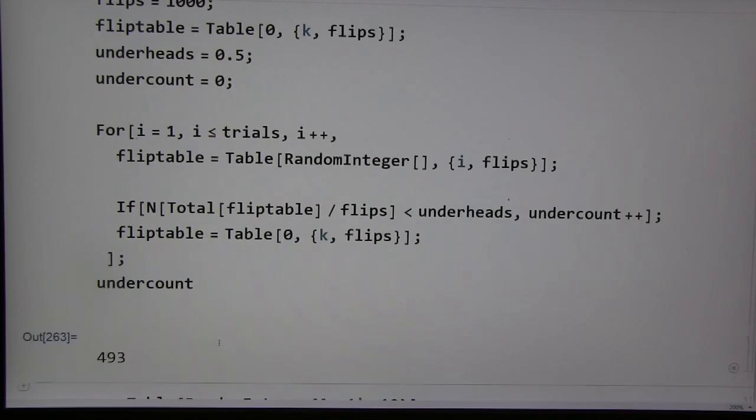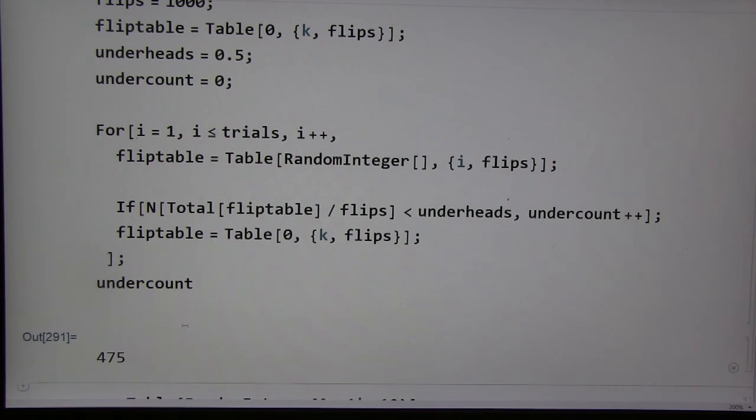Okay. Now we're getting 493. 495. 45, 46. So these are definitely closer to 500 than the numbers we saw before. So it looks like increasing the number of flips brought us closer to 500 every time, but didn't quite get us there.